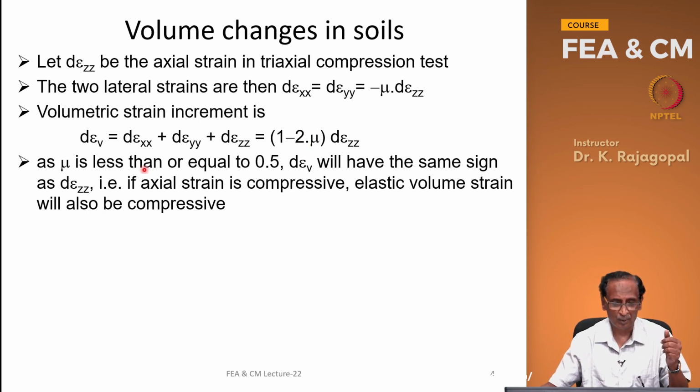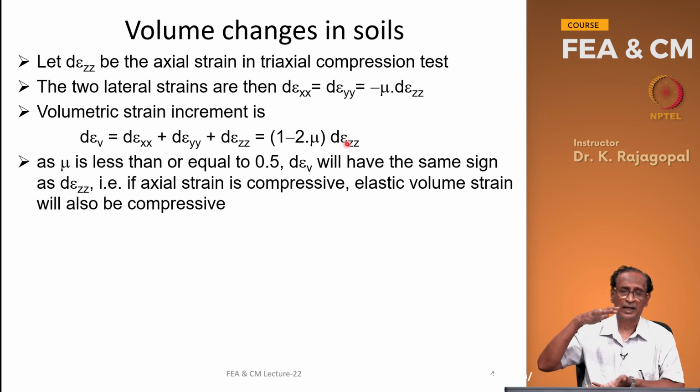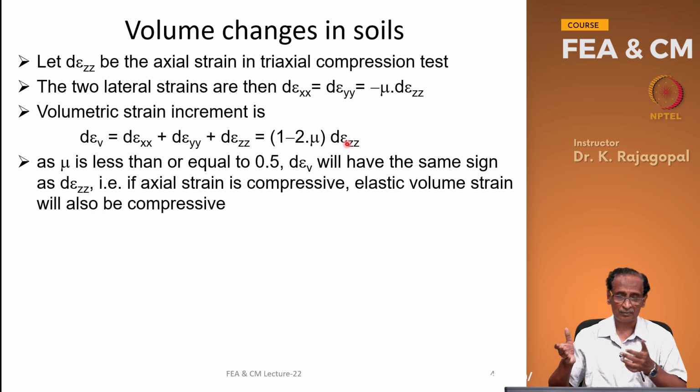And so, our Poisson's ratio is always positive, and it is less than 0.5. If the Poisson's ratio is, let us say, 0.4, 1 minus 2 mu is 0.2 times d epsilon z. So, that means that our volumetric strain increment will have the same sign as the axial strain. So, if your axial strain is compressive, your volumetric strain is also compressive.